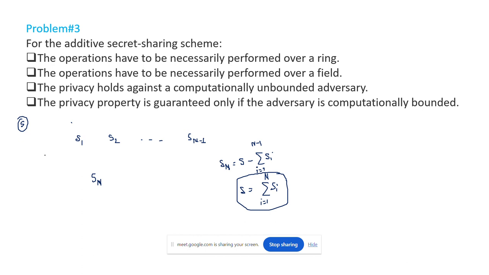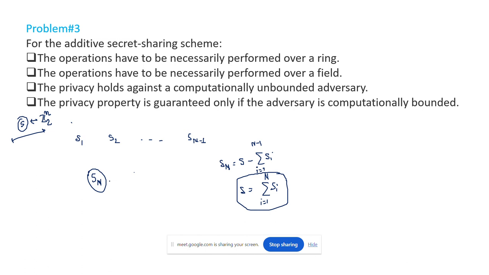There is no way. Even if the adversary has unbounded computational power, it can go over all the possible values of Sn. If S is an n-bit binary string, let's say S is an element of Z2^n, and each of the Si are also elements of Z2^n, what is the possible number of values of Sn?